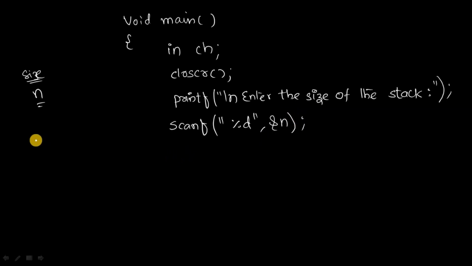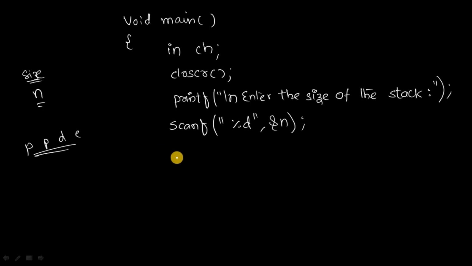Next you have to display some menu. That menu has items like push operation, pop operation, display and exit. All these things you have to show the user as a menu.